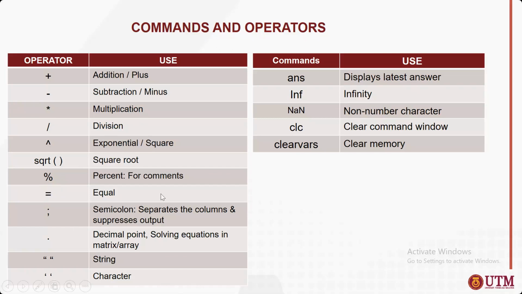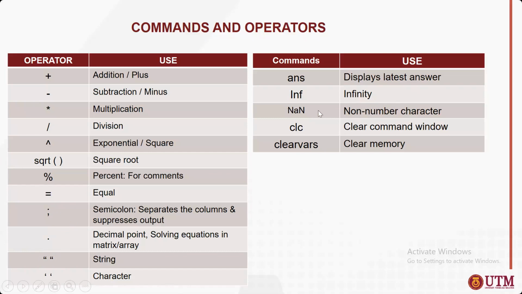And next one, semicolon. Just now Nicholas showed the multiple uses of semicolons. It can be used to suppress output in your script in MATLAB. And next one would be the decimal point, and it can also be used to solve equations in matrices and arrays. And this inverted upward colon is used to define your strings, and the bottom one, single quote, would be used to define your characters.